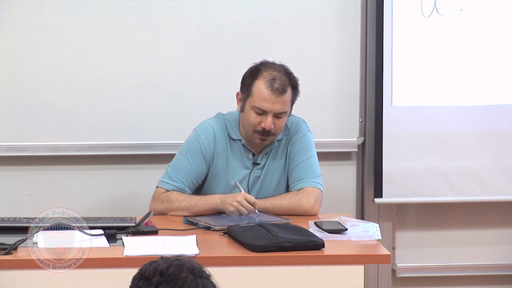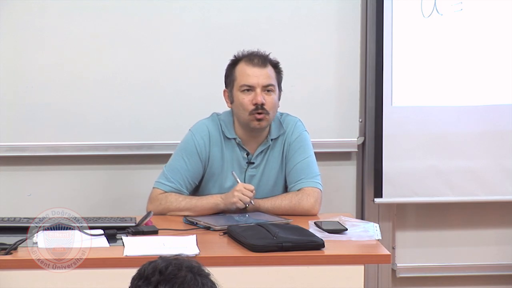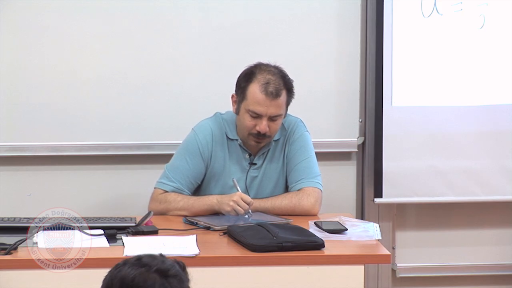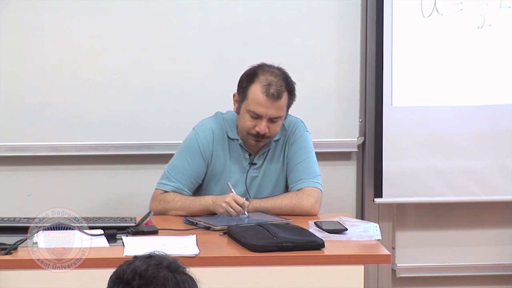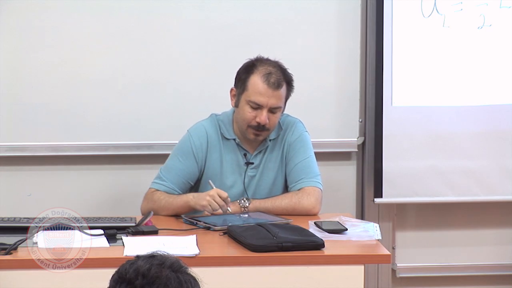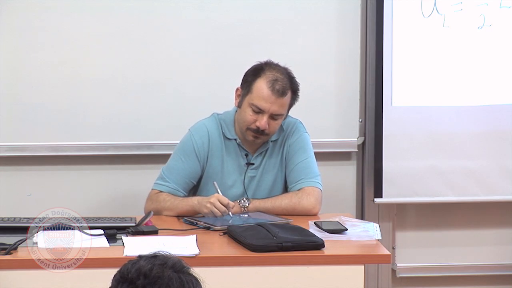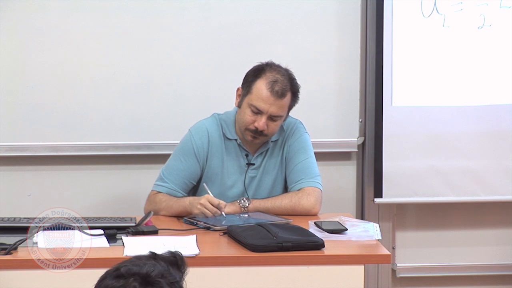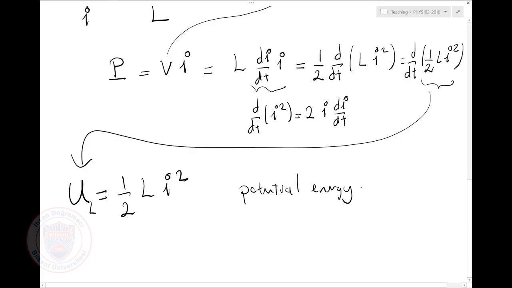This combination is going to be the potential energy stored in an inductor. Okay, so it's going to be 1/2 L I square. This is the potential energy stored in an inductor.